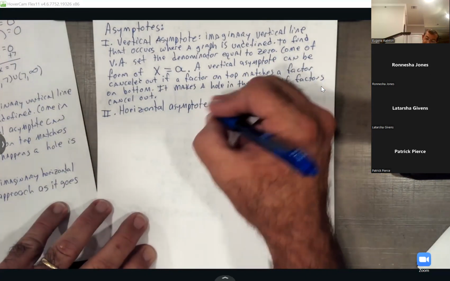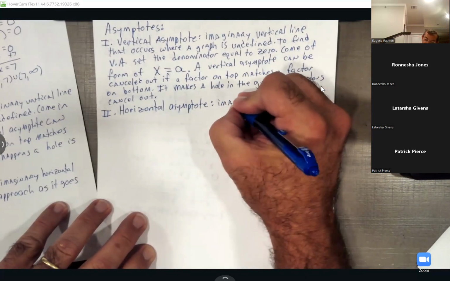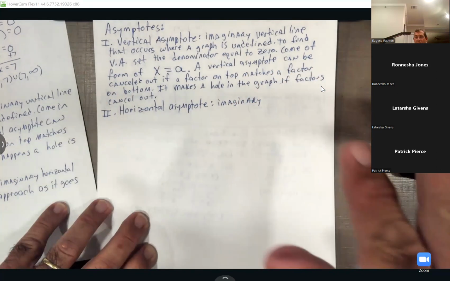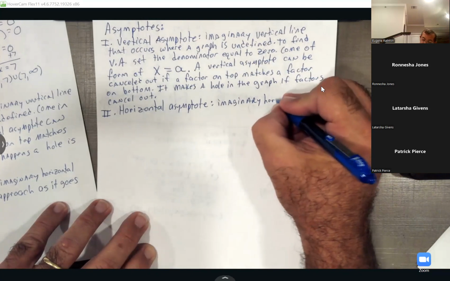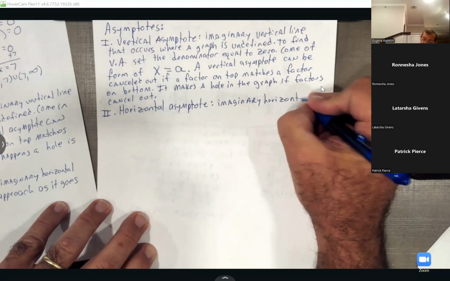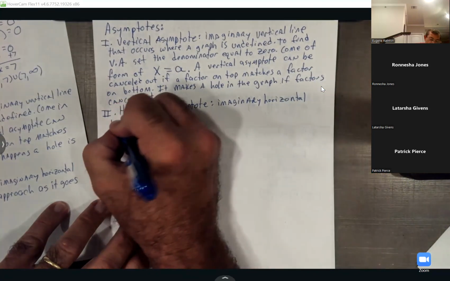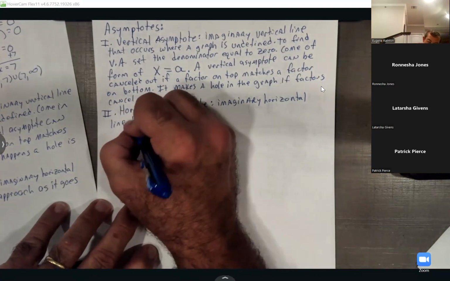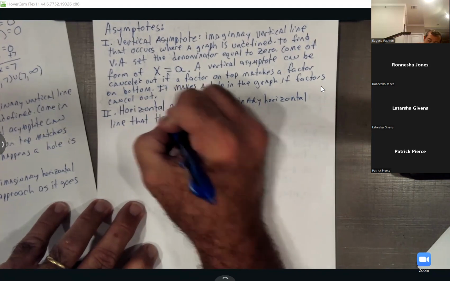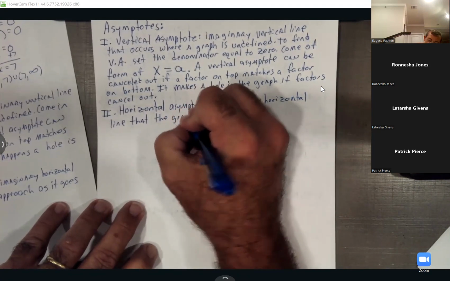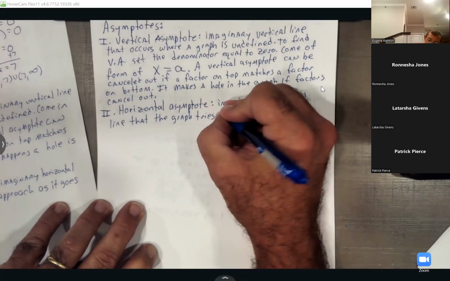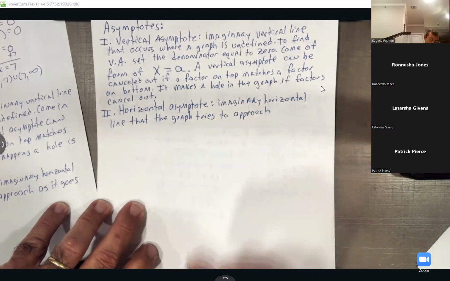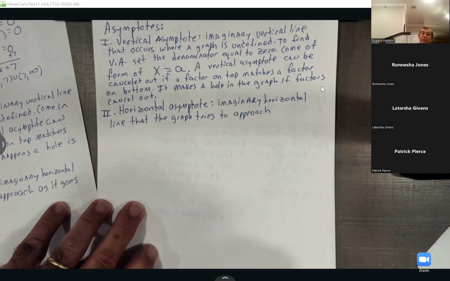So that once again is an imaginary horizontal line that the graph tries to approach as it heads towards infinity.